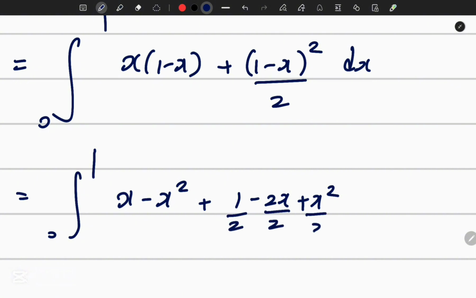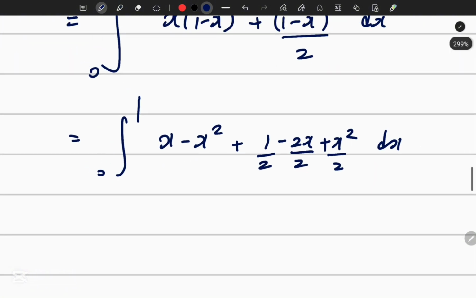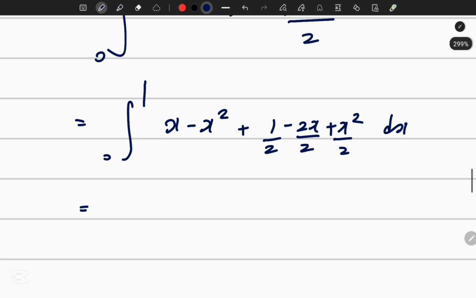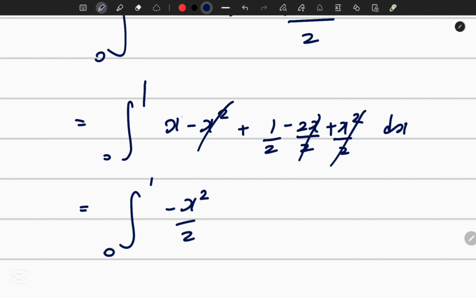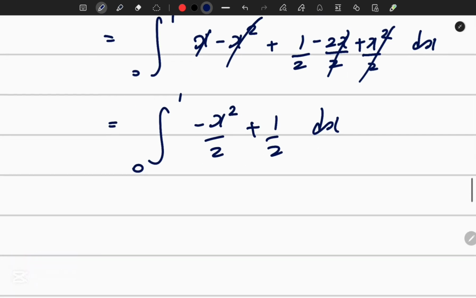Just simplify this one. So 0 to 1, this is minus x squared over 2, then minus x plus x, this cancels, plus 1 over 2 dx. So this is simply 1 over 2, 0 to 1, 1 minus x squared dx.